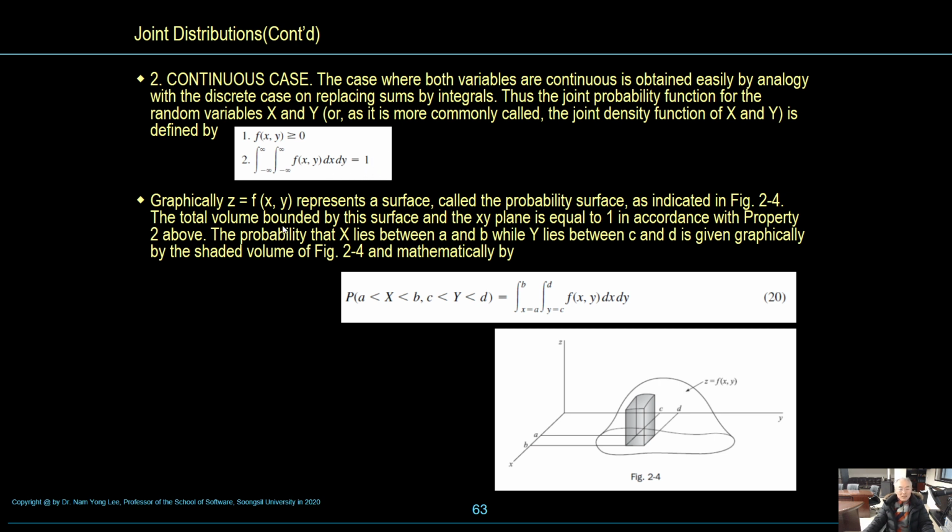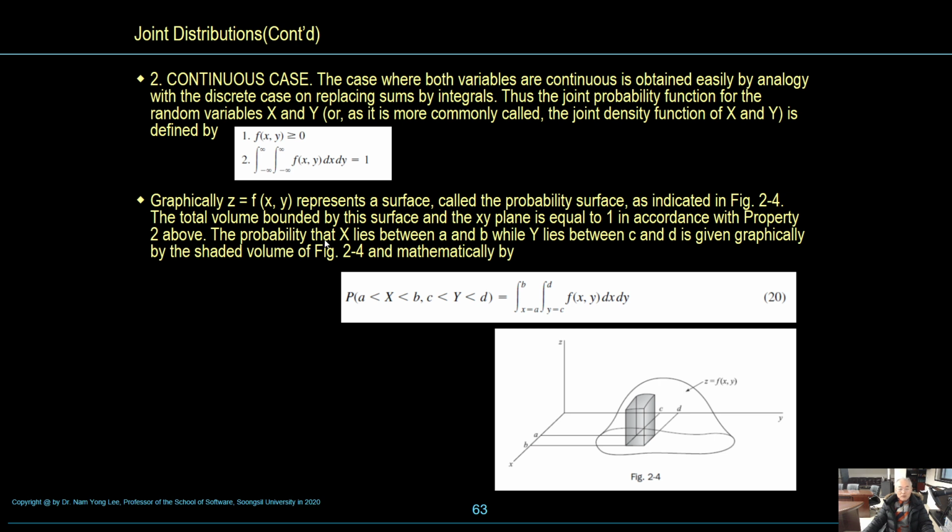Graphically, z = f(x, y) represents a surface called the probability surface. As indicated in figure 2-4, the total volume bounded by this surface and the xy plane is equal to 1, in accordance with property 2 above.